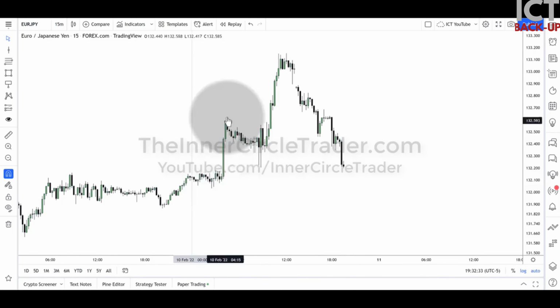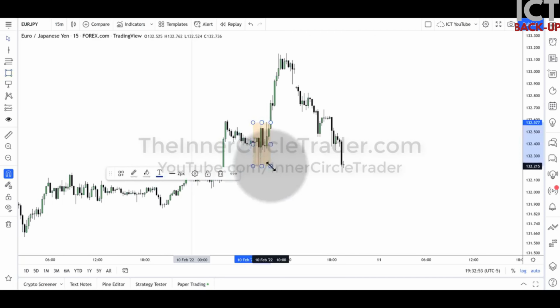And then we go into the New York session right here. So we're going to go into this price structure and ferret out the run that occurred in here. So I'm going to put a rectangle in this area so that we know what we're looking at relative to this 15-minute time frame.